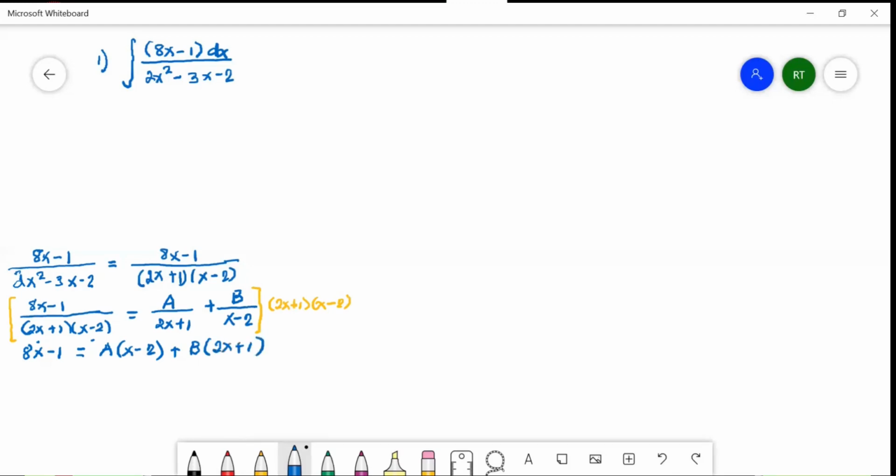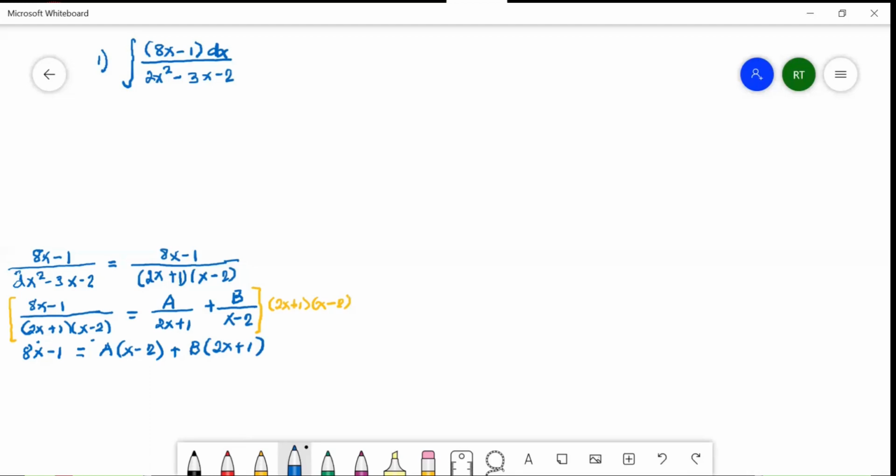So our problem here is how to determine the values of the constants A and B. And we can do that by substituting the values of x that will make the denominator 0. Actually, this is a technique. We will use the values of x that will make the denominator 0 to determine the constants A and B. And there are actually two values of x that make the denominator 0.